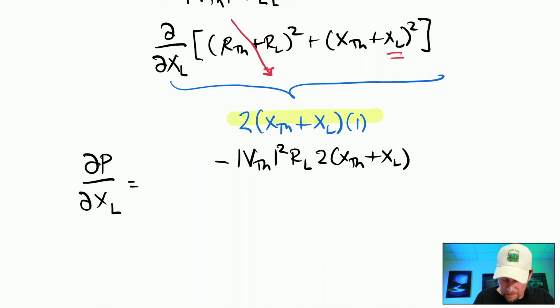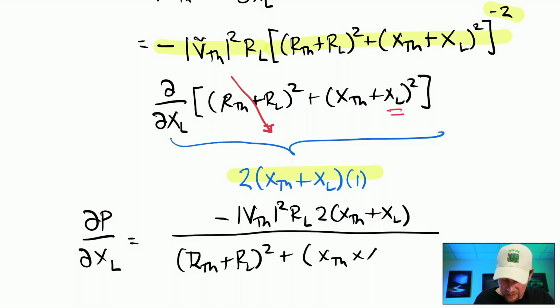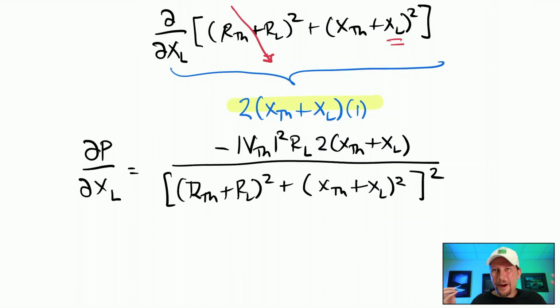So here it is: the Thevenin resistance plus the load resistance quantity squared plus the Thevenin reactance plus the load reactance quantity squared, and this whole thing has to be squared. Hooray. Now, notice that we actually have to set this equal to 0.